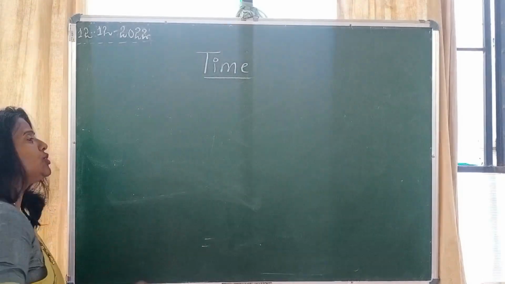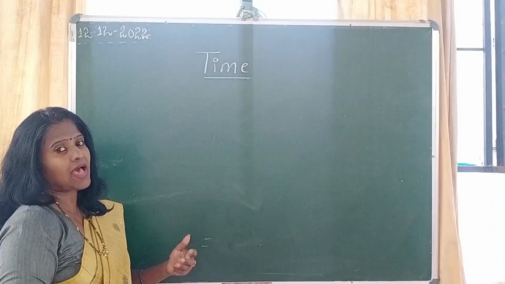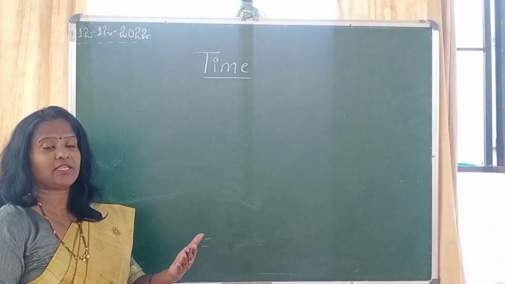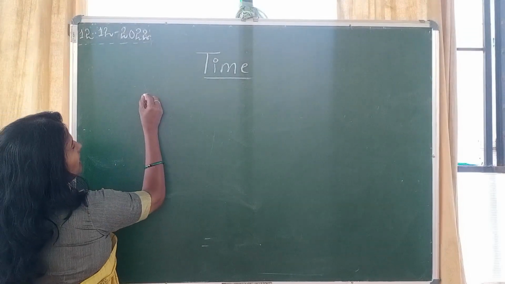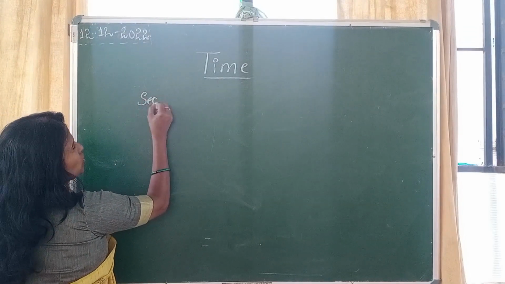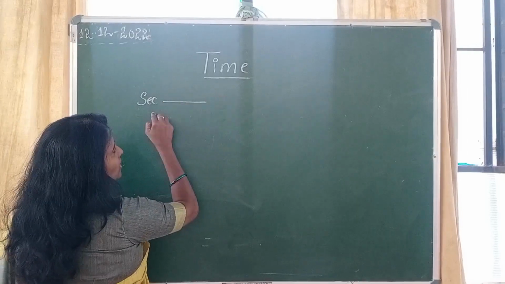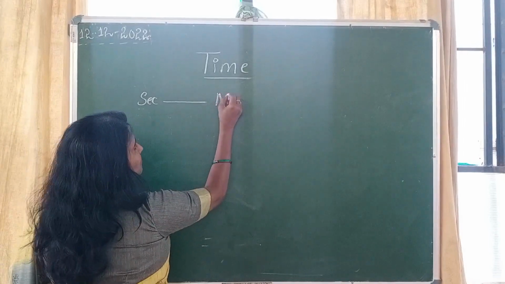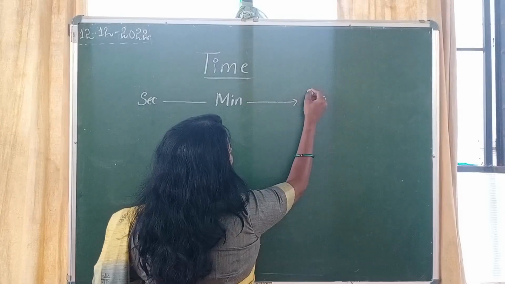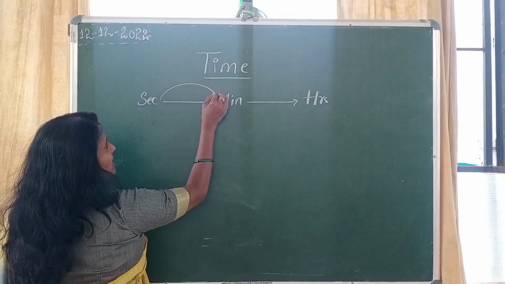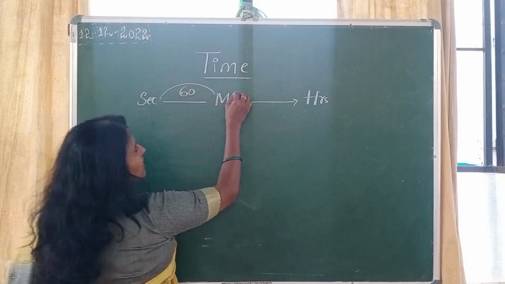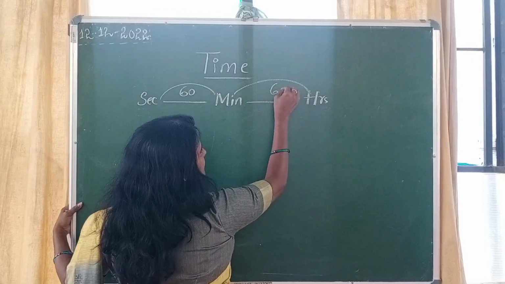First, you should know the conversion, as you have learnt in meters, centimeters, millimeters. Similarly, here we will take only second, minute and hour. Seconds to minute, 60. Minutes to hours, 60.